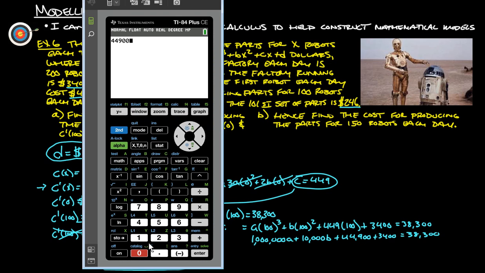44,900 plus 3,400, which gives us 48,300.